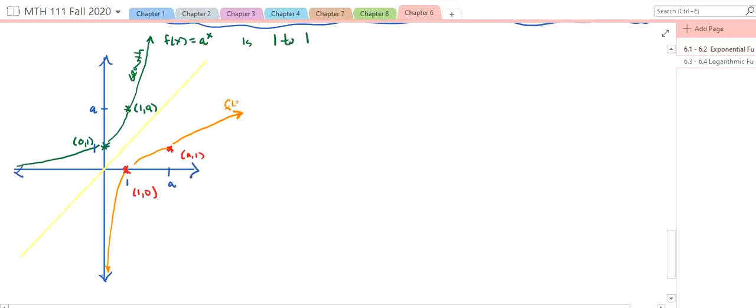So f of x, let's call it g of x here. g of x equals f inverse. We indicate that something's an inverse by putting a little -1 in the function here. This is the inverse of f of x equals a to the x.